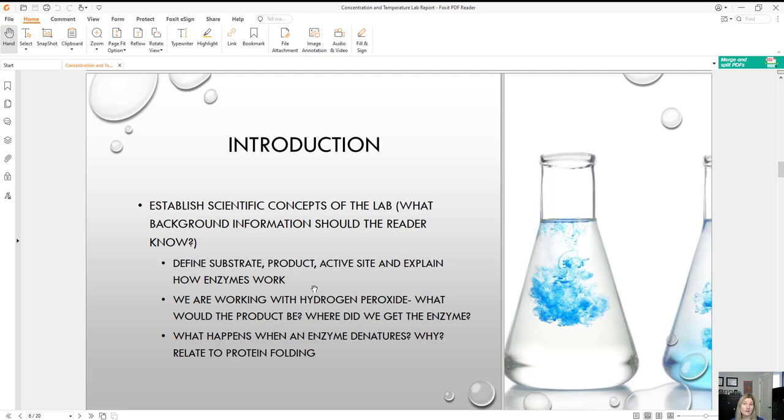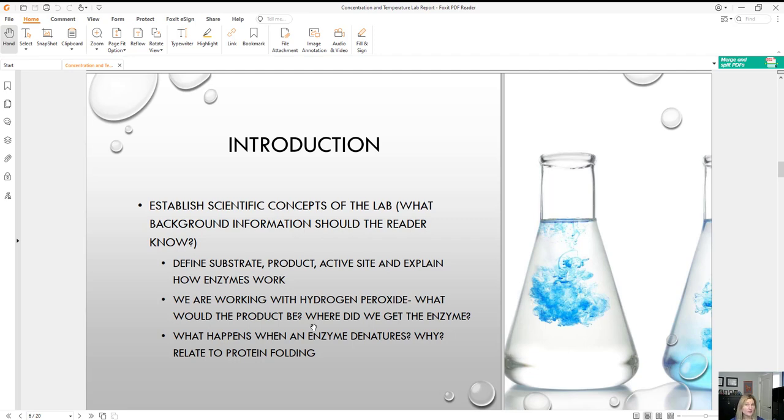The enzyme itself that we're using is potato enzyme. You might want to look up what the actual name of the enzyme is and include that in this section. Since we're not just looking at hydrogen peroxide converting into water and oxygen under normal circumstances, we're changing the environment that it's in. So we're thinking about how enzymes become denatured. You might want to look at some background information about what causes an enzyme to become denatured.